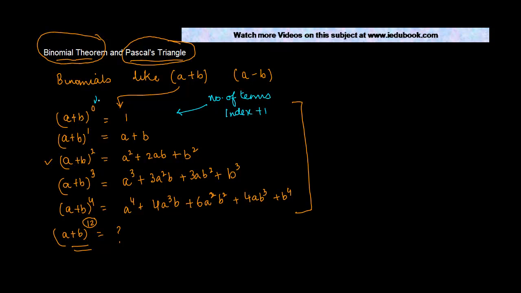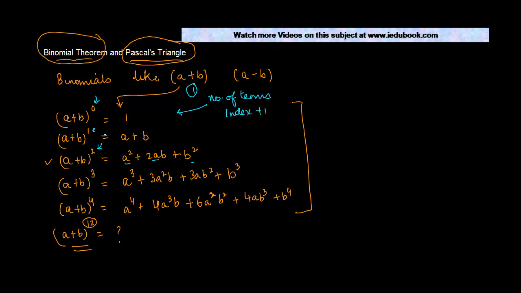Index means basically this power. So if you had the power of 0, the total number of terms was 1. When the power was 1, the total number of terms was 2. When this is 2, it's 1, 2, 3, and so on. So this is one property which you need to keep in mind.